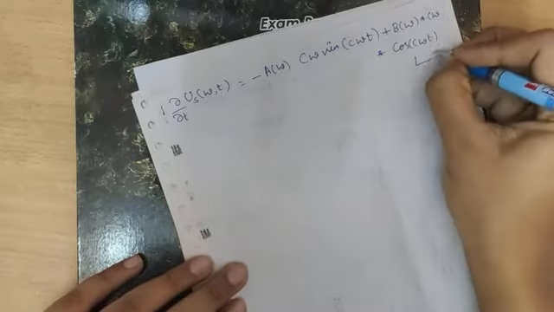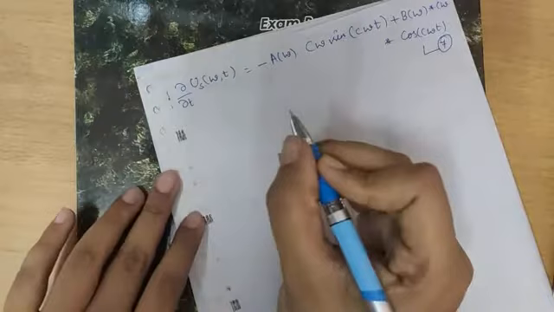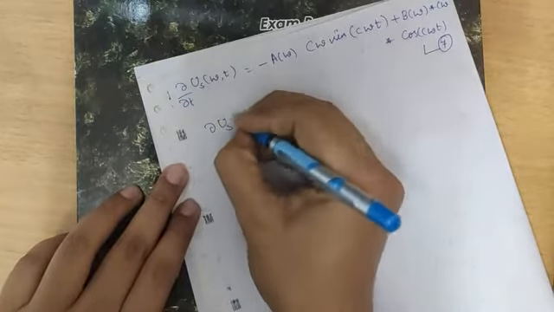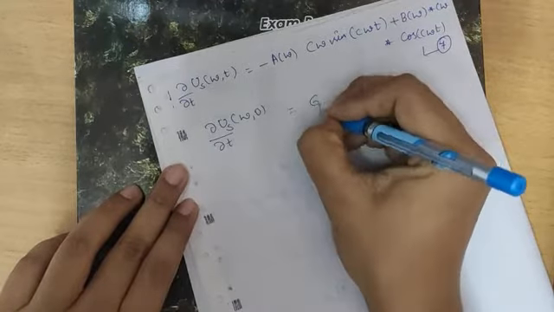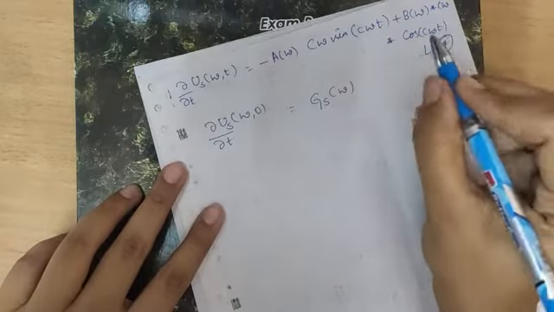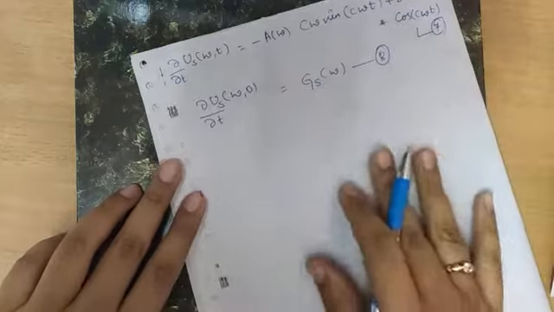I will call this equation number 7. Now using initial condition number 3, it will become ∂Us(ω, 0)/∂t is equal to Gs(ω). This is after taking the Fourier sine transform with respect to x. I will call this equation number 8.